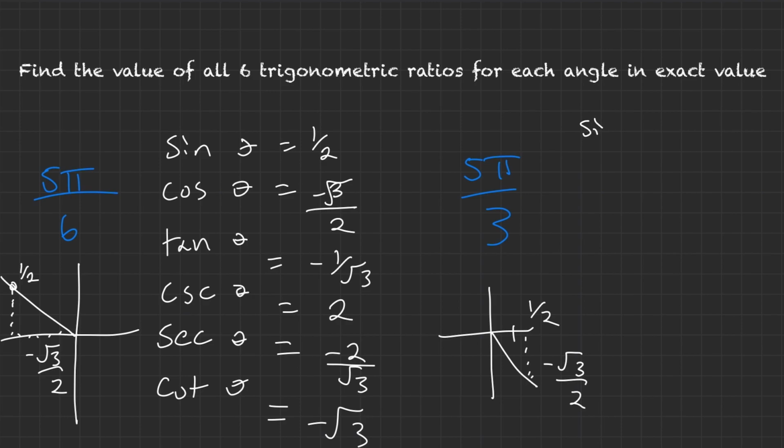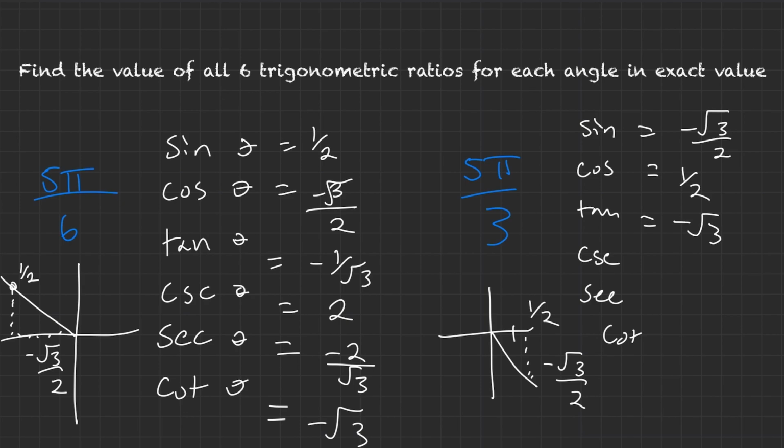And then our sine, cosine, tangent, cosecant, secant, cotangent ratio will be negative root 3 over 2, 1/2, negative root 3, negative 2 over root 3, 2, and negative 1 over root 3.